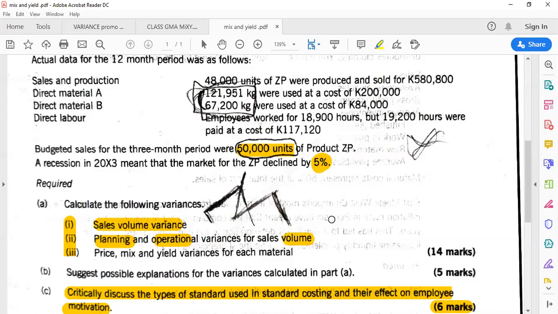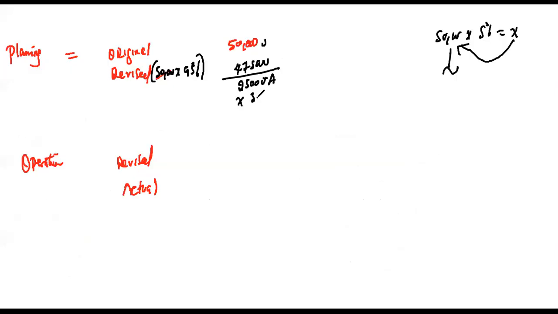So you're multiplying the difference with the standard contribution. If they just said planning and operational variances, we wouldn't have thought about volume. If it was maybe material price or material usage, but this time around the examiner says volume, so use the standard contribution, which is now very famous at 3.25 kwacha per unit.